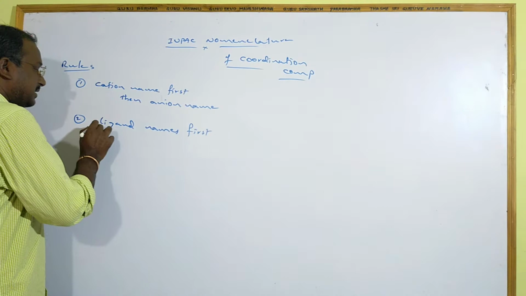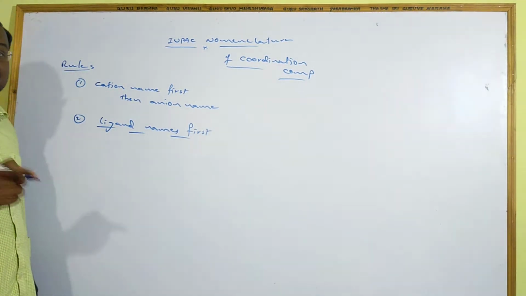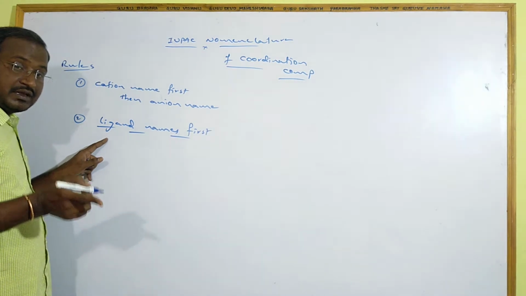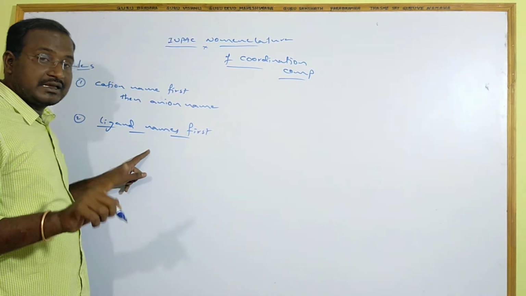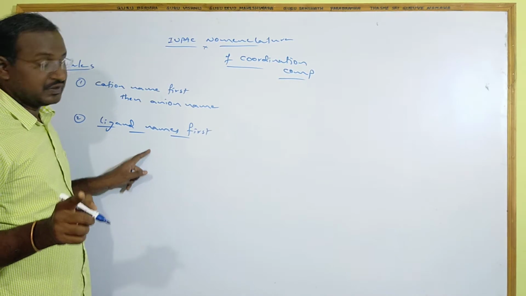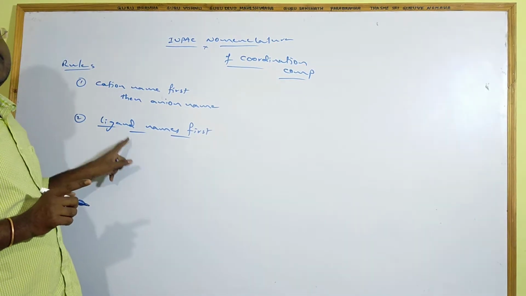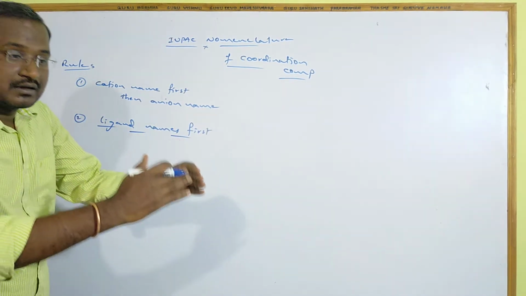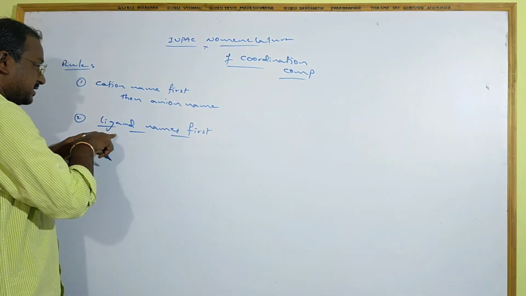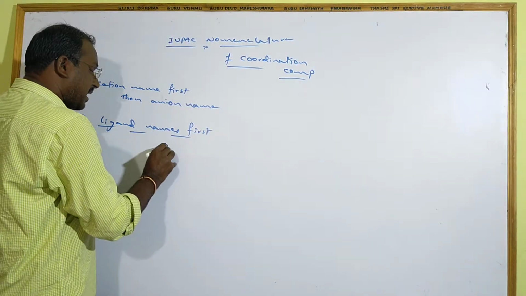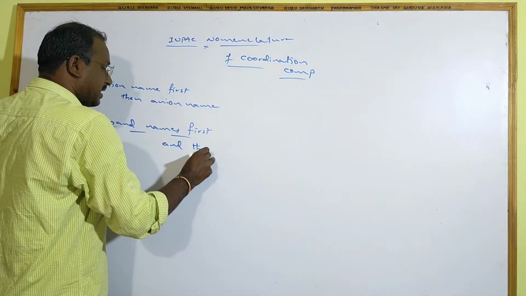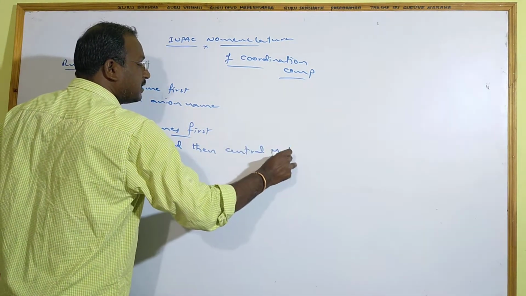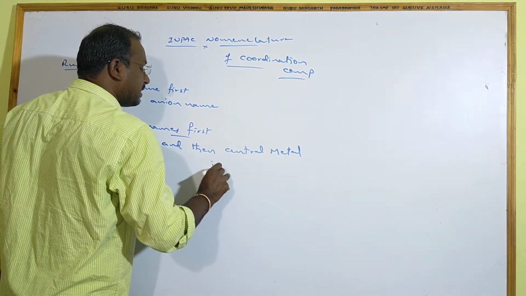So how do we write the ligand names in the second rule? Once again, in the second rule, whether the complex ion is a cation or anion, first we say the ligand name and then the central metal ion name.